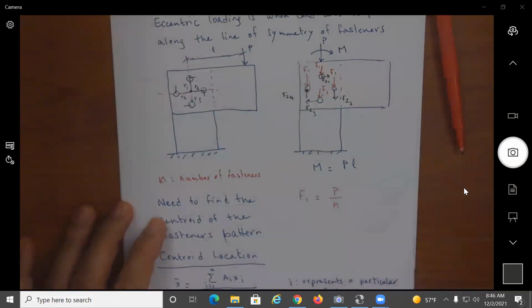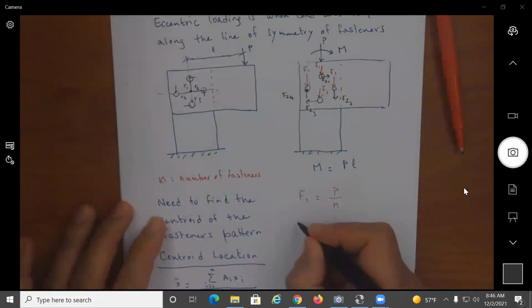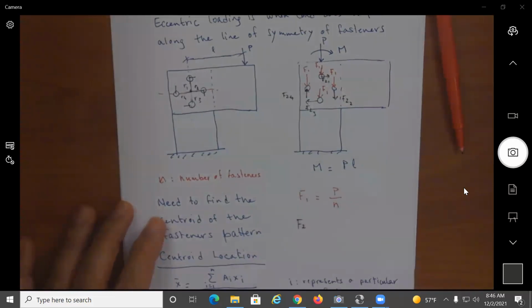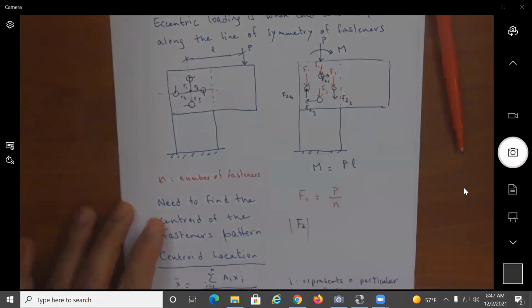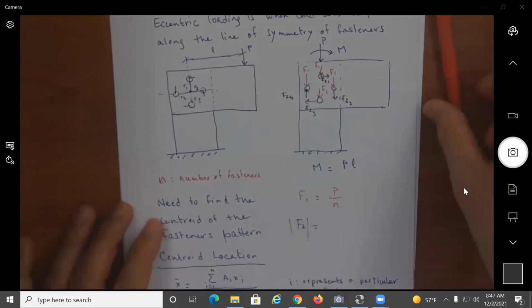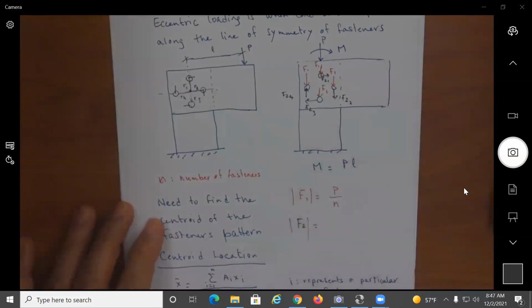This F2, and I'm going to write it as the absolute value, is equal to, and by the way, likewise, this is the magnitude of the force.